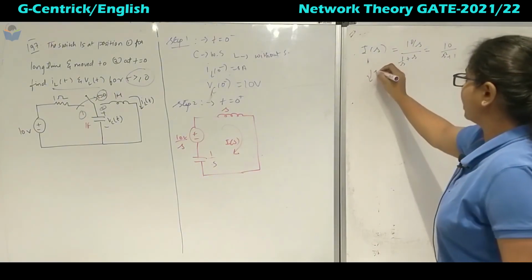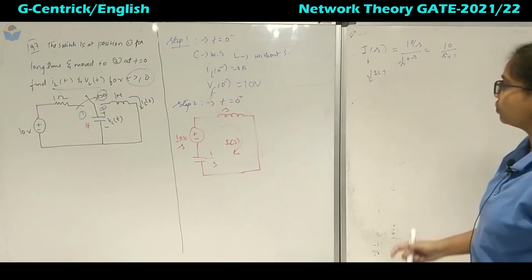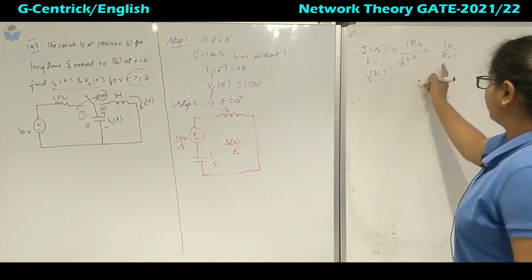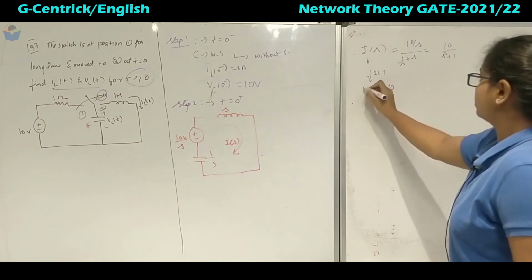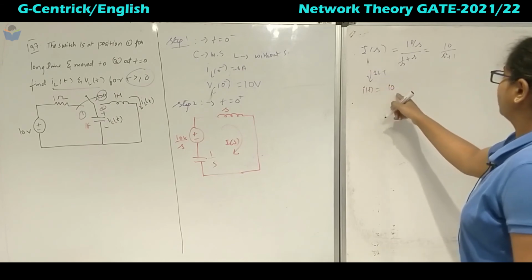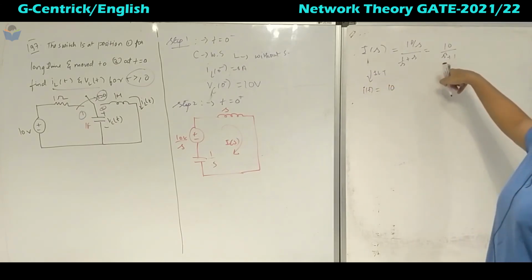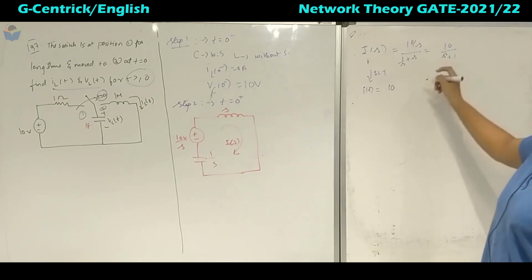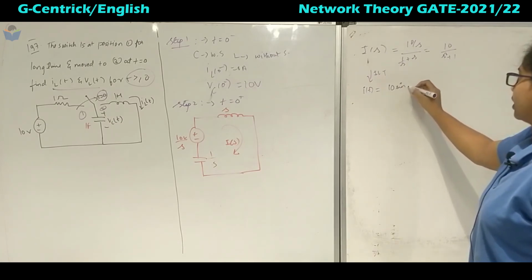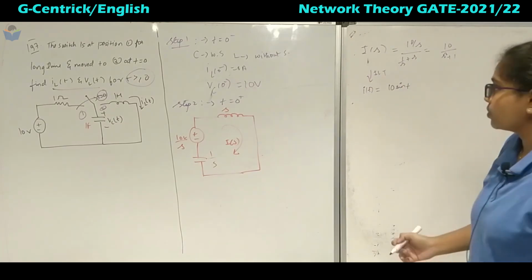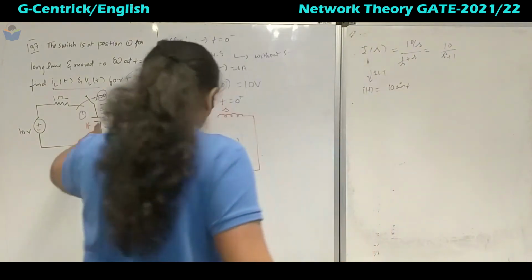You will take the inverse Laplace transform of this. 10 is constant, and this is similar to the sine form, so it will be sine t. This is the I of t generalized equation, we got it.